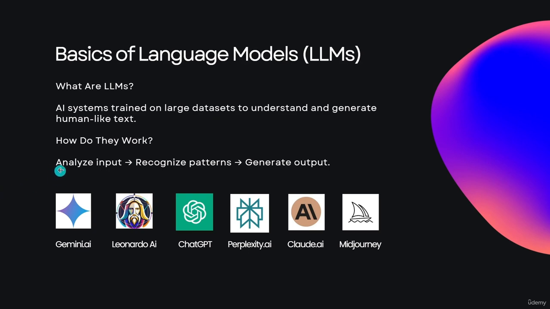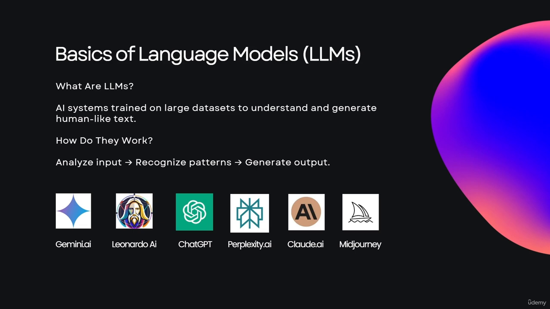You can see a single line diagram here of how a basic LLM works. First, when you write any prompt or question in ChatGPT or other LLMs, it will analyze the input. Input means your prompt, your question, your query. After that it will recognize patterns, because every LLM is trained with data in some patterns.